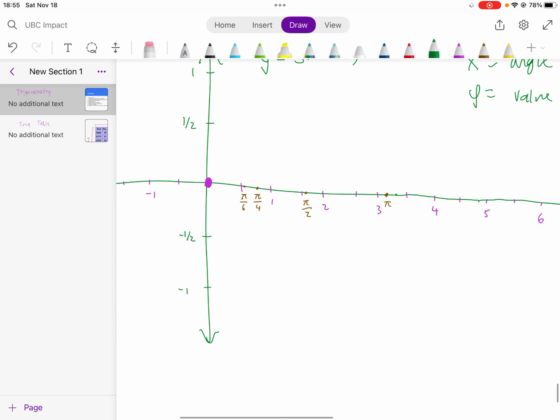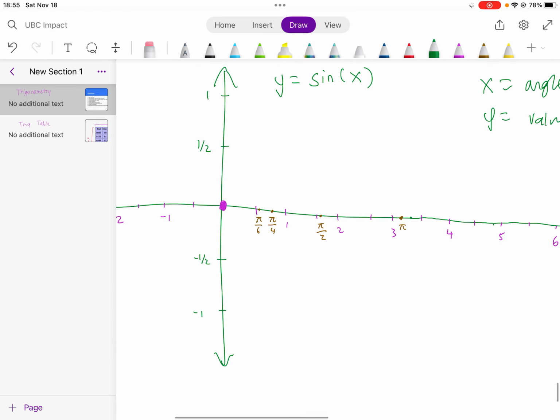And we're going to try and reason about what sine of x looks like. So we're going to plug in these values from before. Pi over 6 corresponds to, I'll put another one. Pi over 3 is probably useful. It's just over 1, so this is about where pi over 3 is.